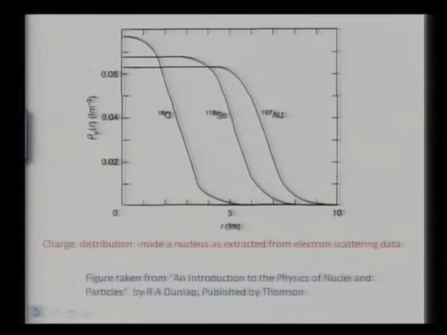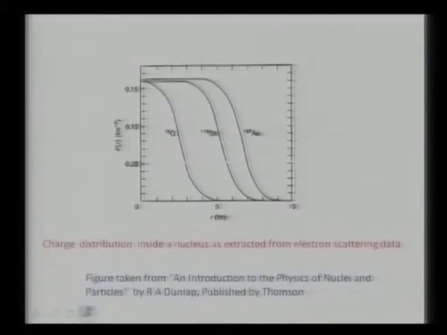I go back to the previous slide and you see the difference here, the difference for the 3 nuclei. This is only the proton distribution. Protons are distributed this way, but when you look at the neutron plus proton total mass, then everything almost coincides here at 0.17.